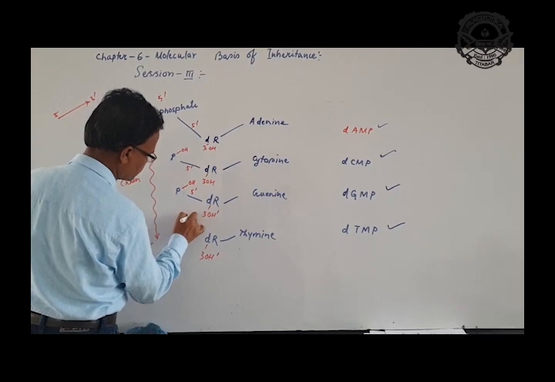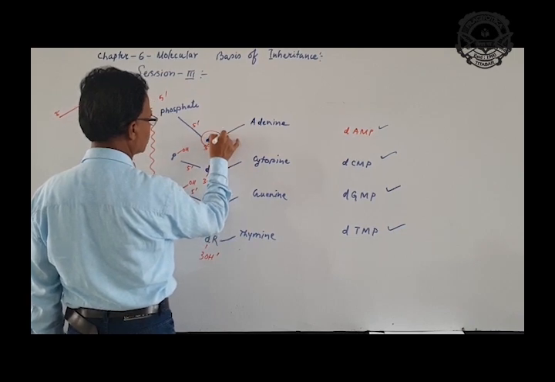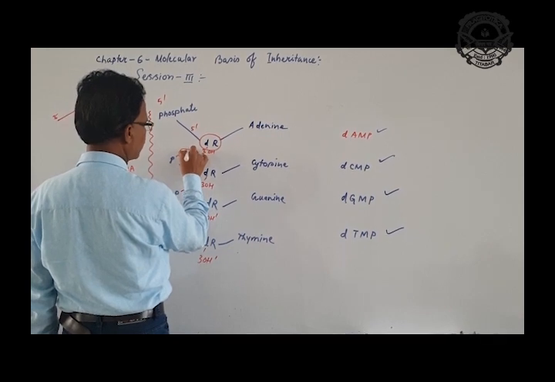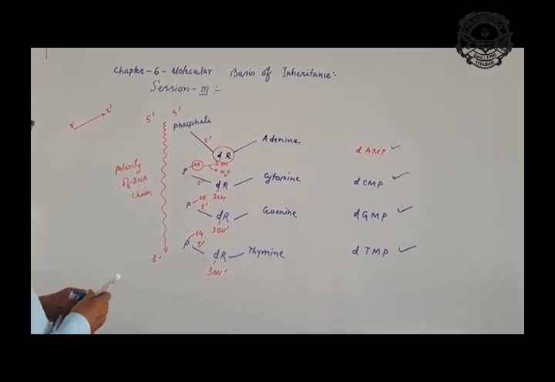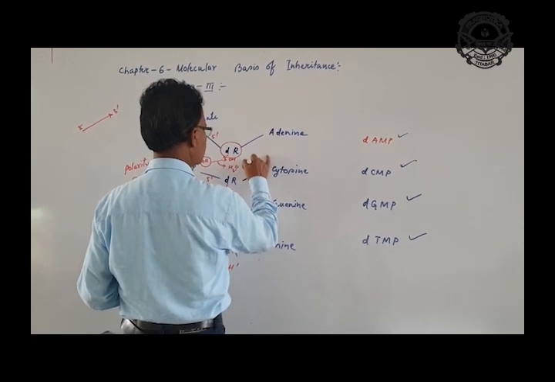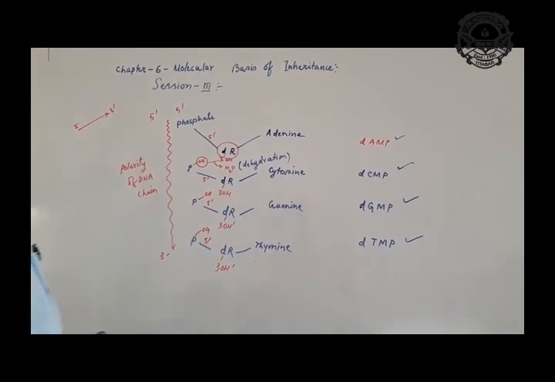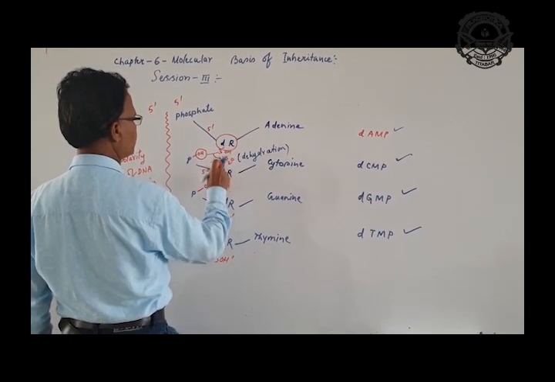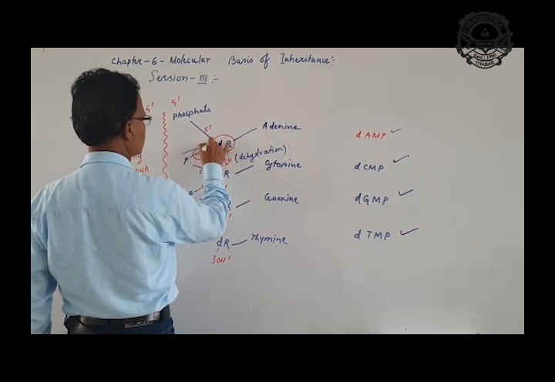The 3' hydroxyl of the previous nucleotide's sugar reacts with the hydroxyl group of the subsequent phosphate group and eliminates a molecule of water through dehydration, or condensation. As a result, condensation takes place. That means one nucleotide joins with the nearby nucleotide in a chain by means of the sugar phosphate bond. This sugar phosphate bond is called a phosphoester bond.